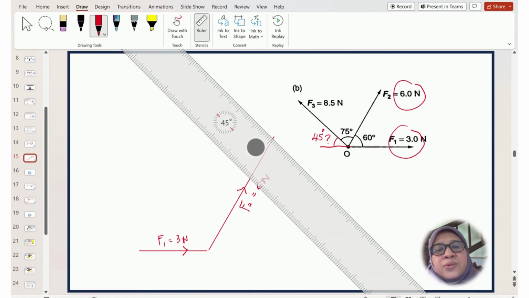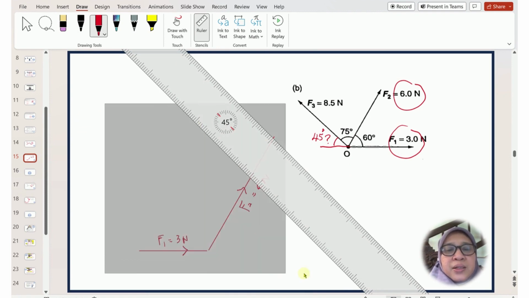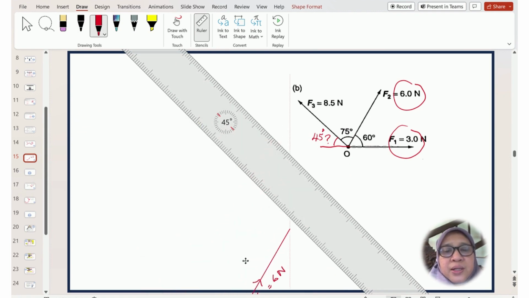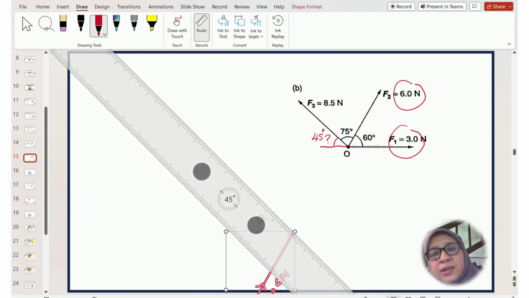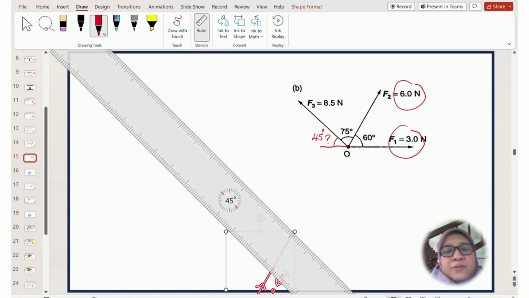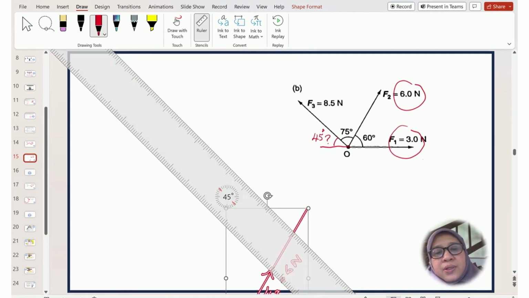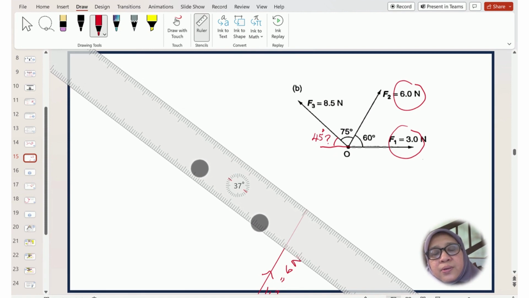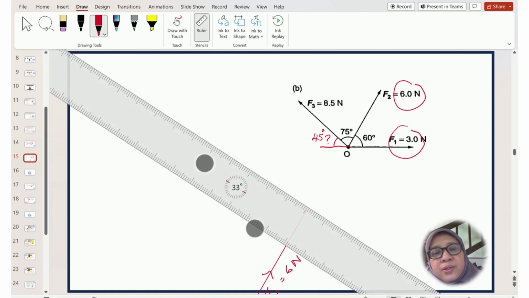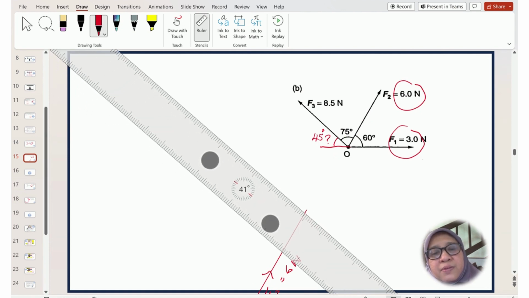Now to draw the 8.5, there is not enough space, so I need to bring this down. So draw until 8.5. We turn that to 45 degrees first.